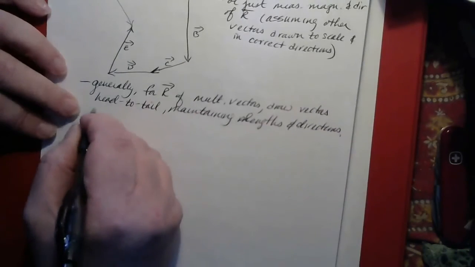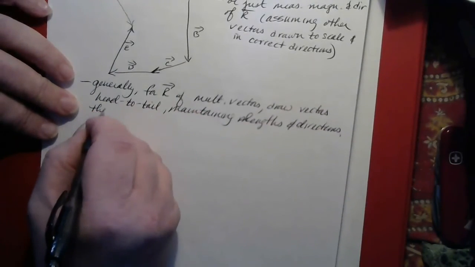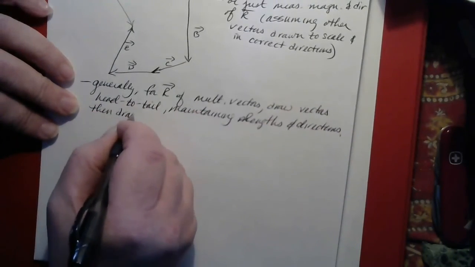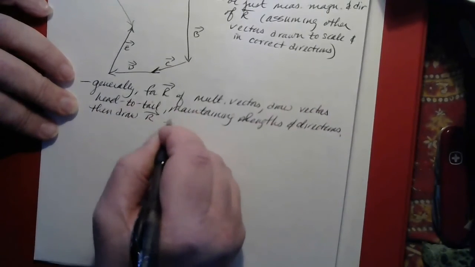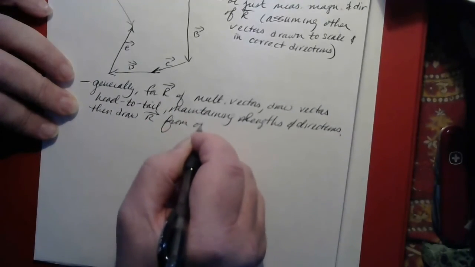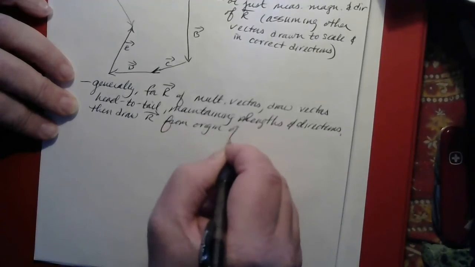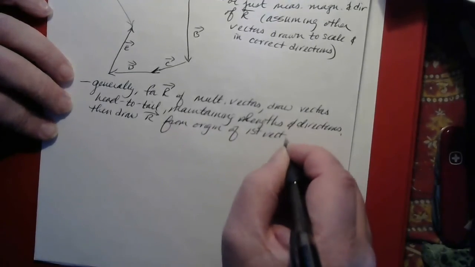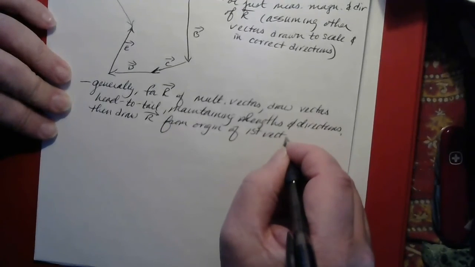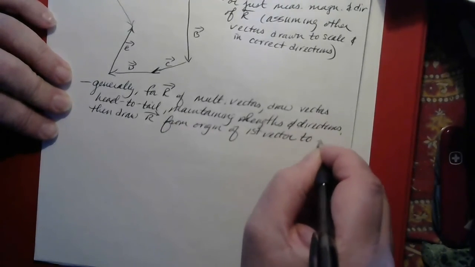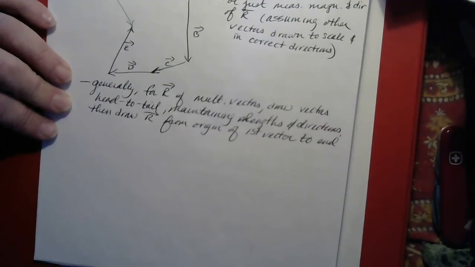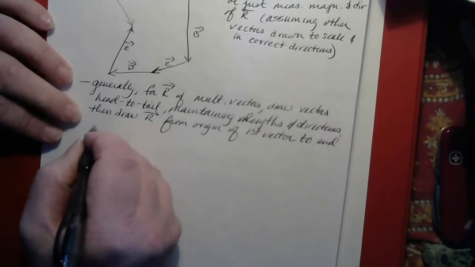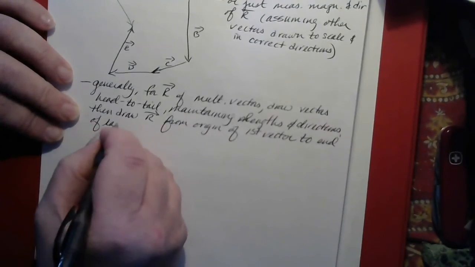Then you can draw the resultant vector, and that would go from the origin of the first vector you put on paper to the tip or the end of the last vector that you drew.